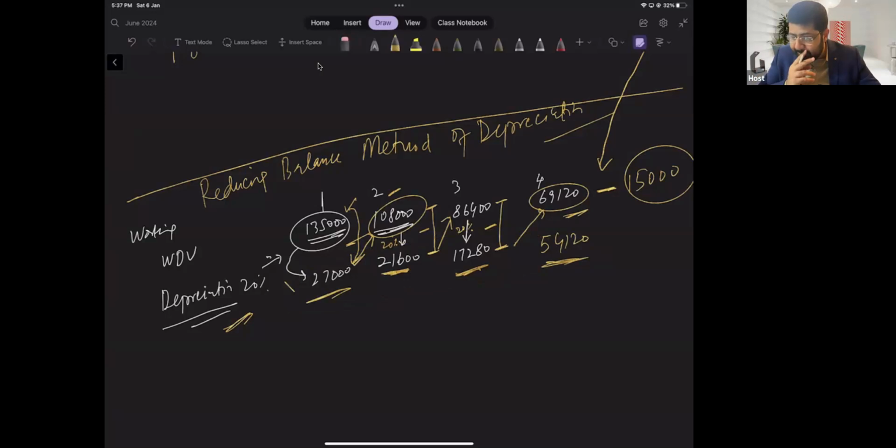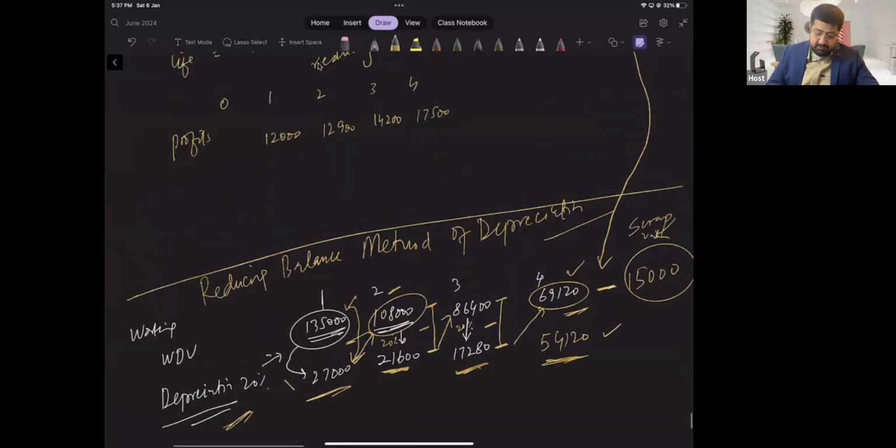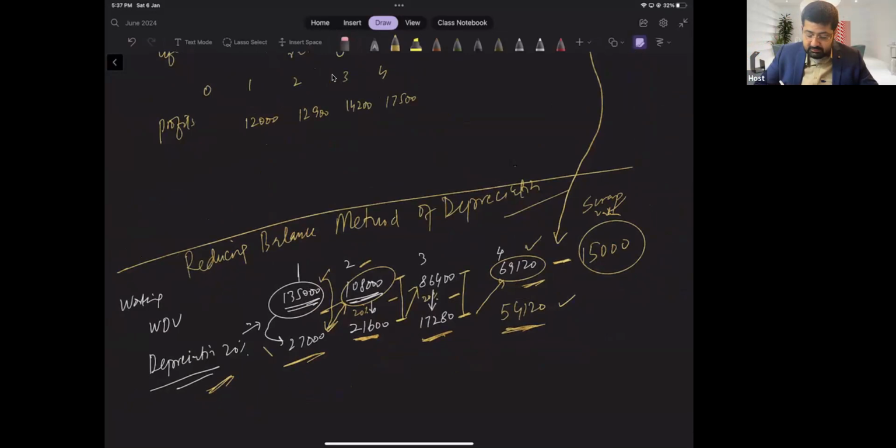Now, final year, written down value is compared with scrap value. And the remaining is capital allowance. Now, one student asked me that I should explain the last point again. Okay. This is basically the reducing balance method of depreciation, that in the final year, we do not calculate percentage. Here we were calculating percentage, you see, 20%.